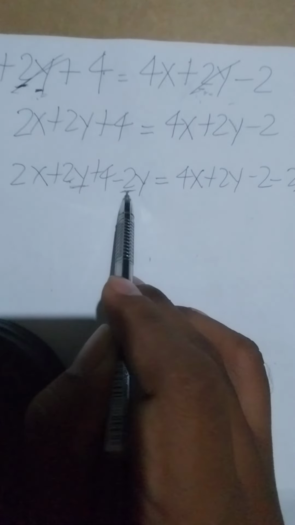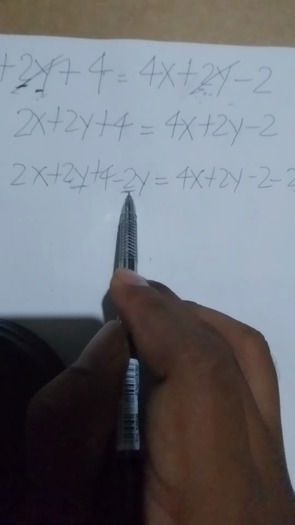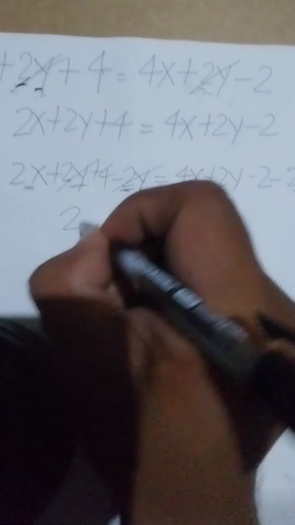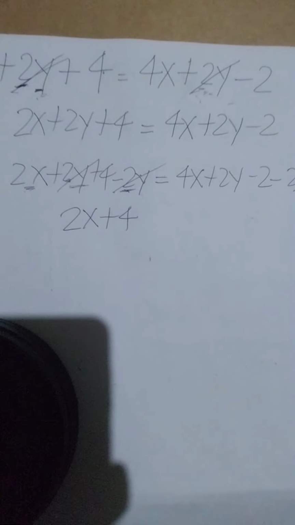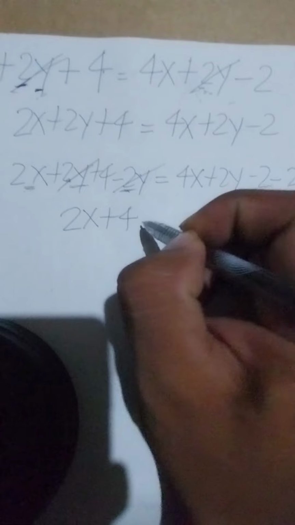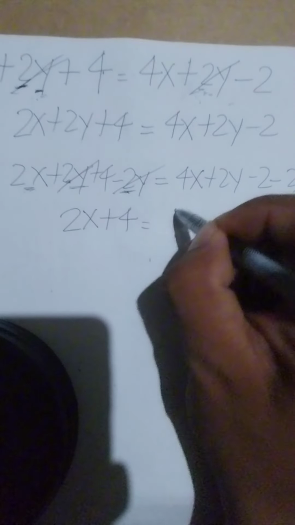What is the coefficient of this one? 2. So, 2 minus 2, cancel out na siya because that is 0. So, ang maiwan na lang dito ay 2x pati 4. 2x plus 4. So, wala na yung 2y natin dito. Kasi, nag-cancel out na siya. So, dun tayo sa kabila side of the equation. 4x.